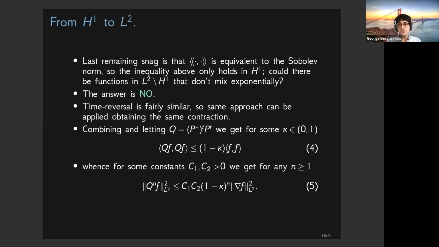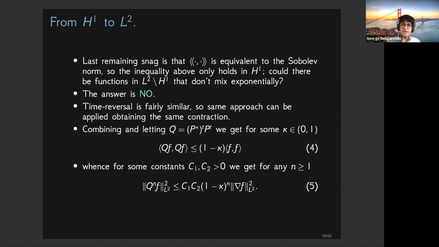So in fact, for RHMC, although it's non-reversible, if you take the time reversal, it looks very similar. It's just the same process, but the asymmetric part has picked up a minus sign. And what you can do is prove pretty much the exact same contraction for the time reversal.